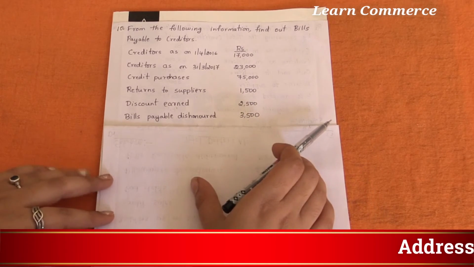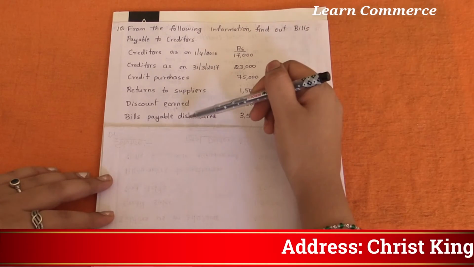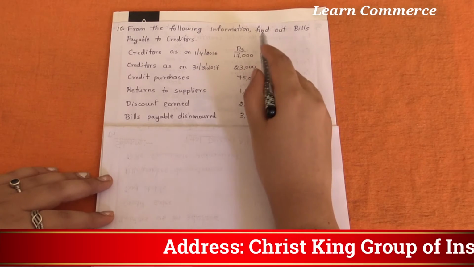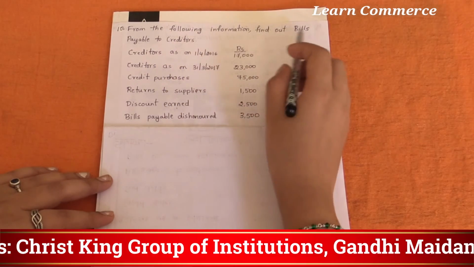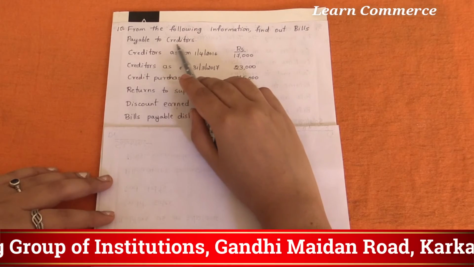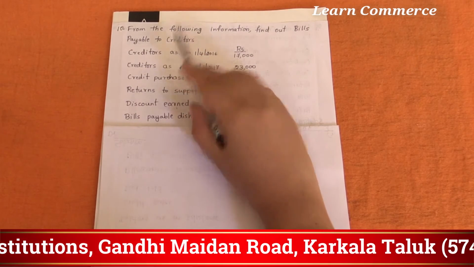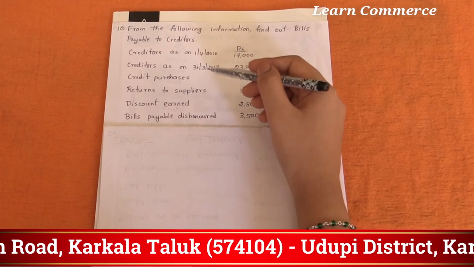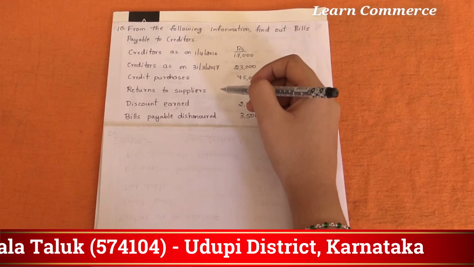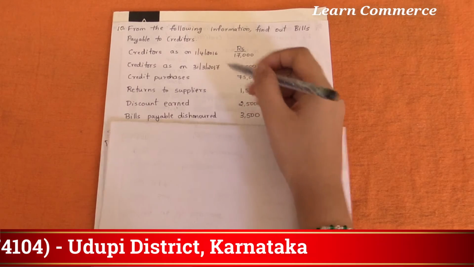Given this information relates to the creditors, and here they ask you to find out the bills payable to creditors. Bills payable to creditors always comes under the total creditors account, and the given information relates to creditors only. So, here we need to prepare the total creditors account.